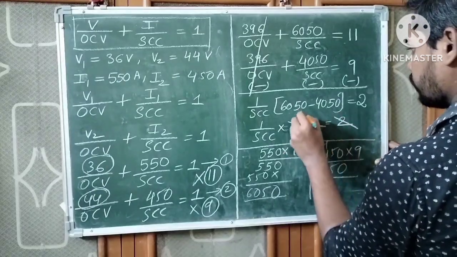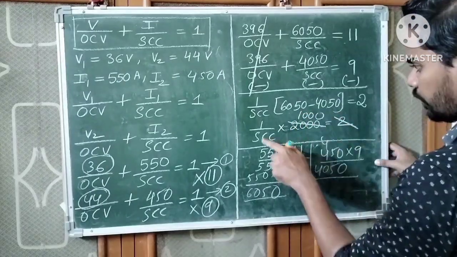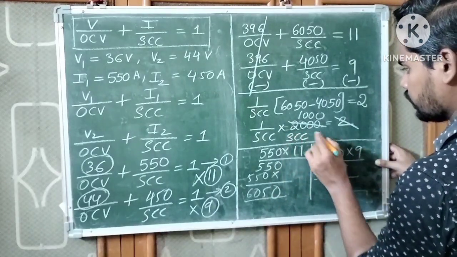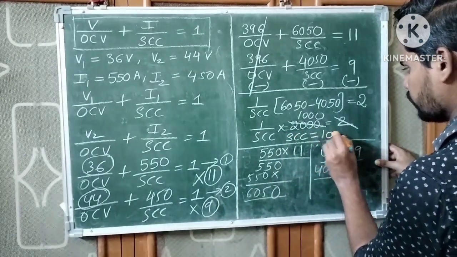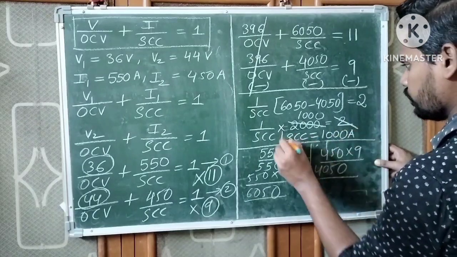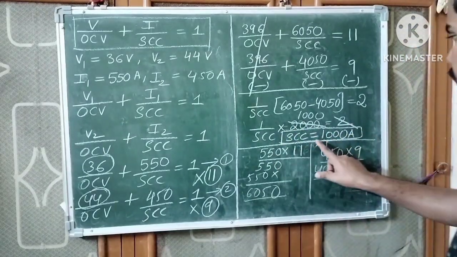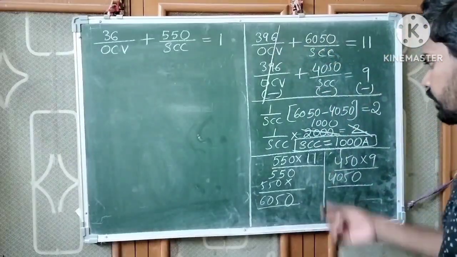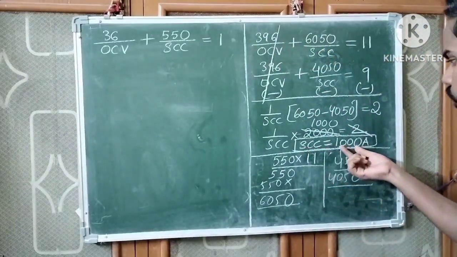Transpose: SCC is equal to 1000 amperes. So the short circuit current is equal to 1000 amperes.